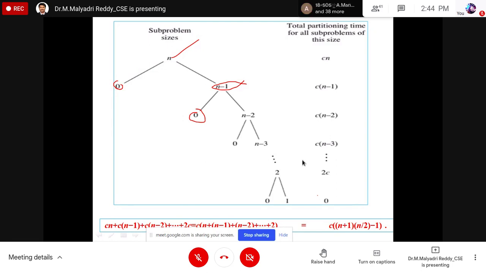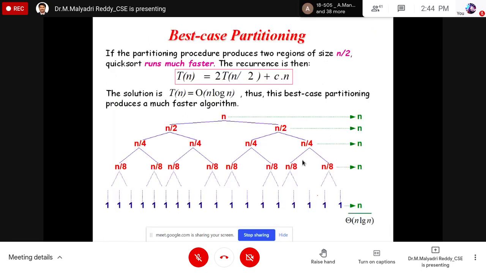of quicksort. Suppose the array is split equally with the help of the partitioning element, and the array is divided equally. Suppose n elements are there.